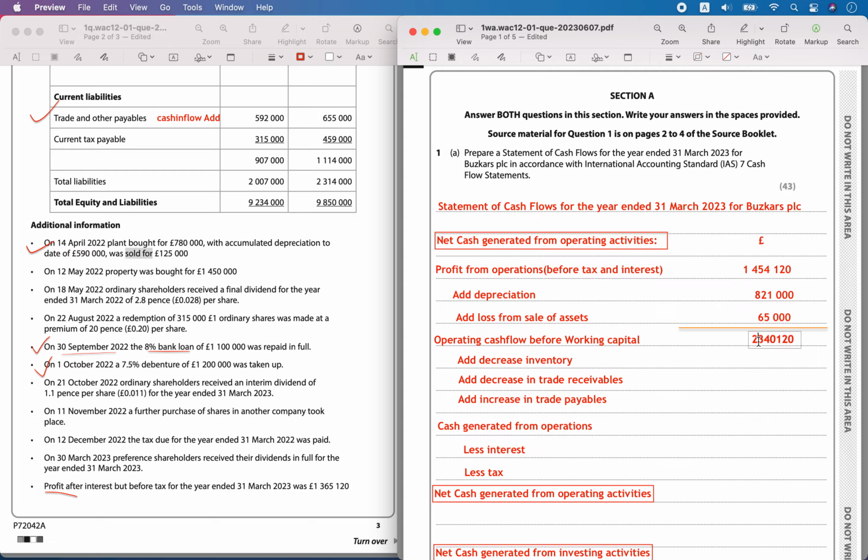This would have been the cash generated before any working capital changes.